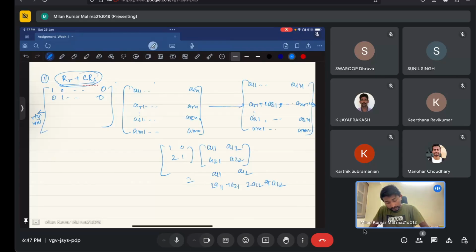So the Rth row is this thing. In the Rth row, what will I write in the Rth position? 0 all the way. This is the RR position.